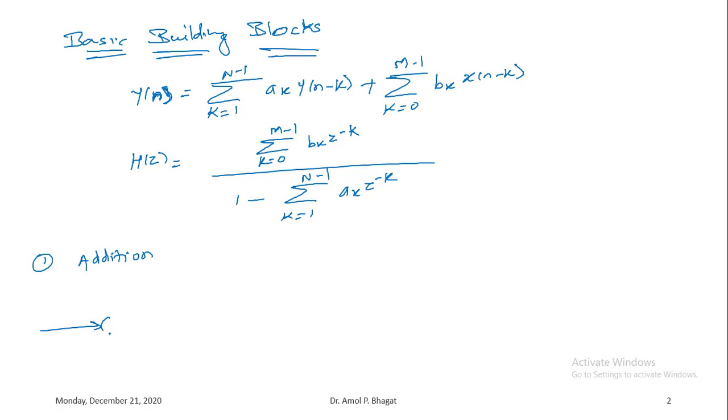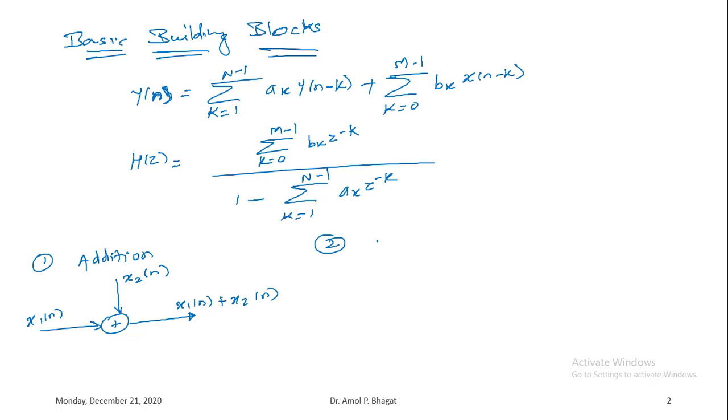Right. So this is the first basic building block that we can use for the realization of a digital system. This basic building block is used for the addition of two signals, that is x1 of n and x2 of n.